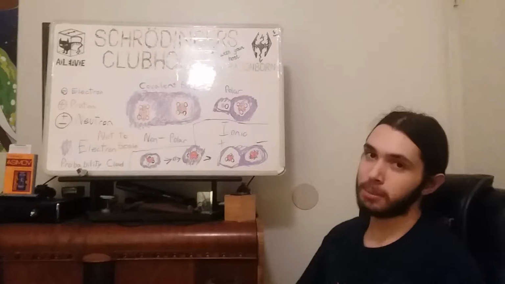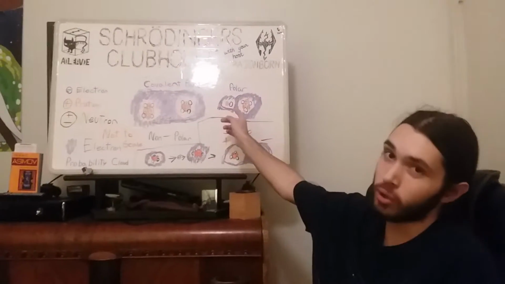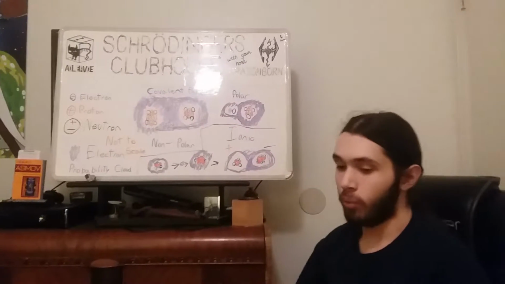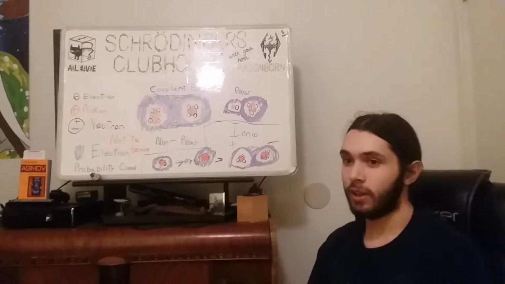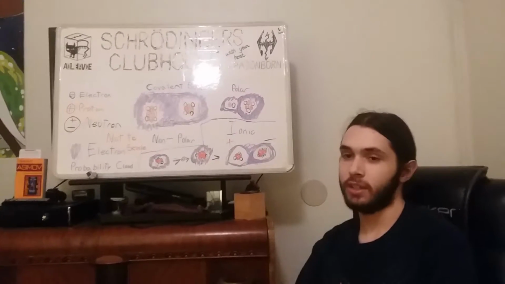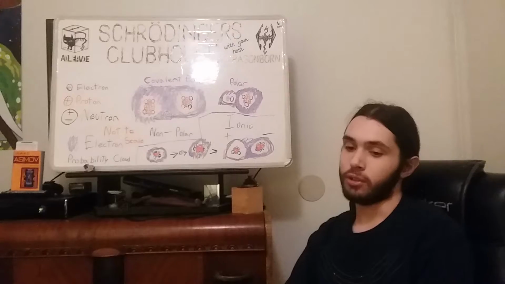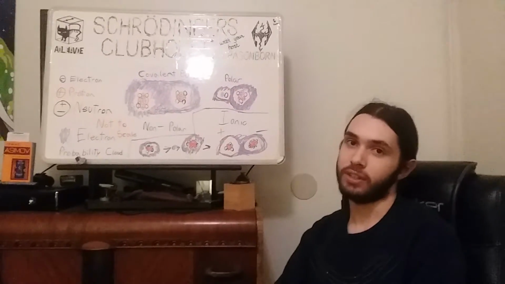Another subsection of covalent bonds are polar bonds. Water is a good example. The oxygen atom is a lot more electronegative than the hydrogen.